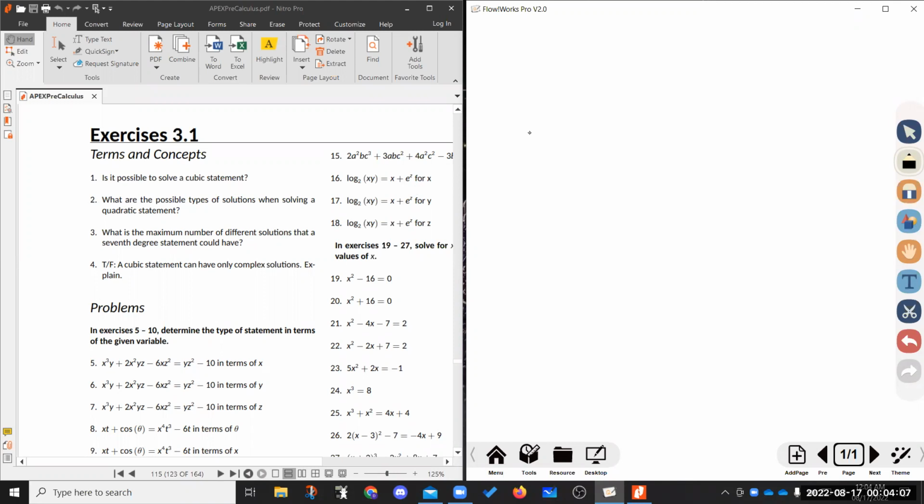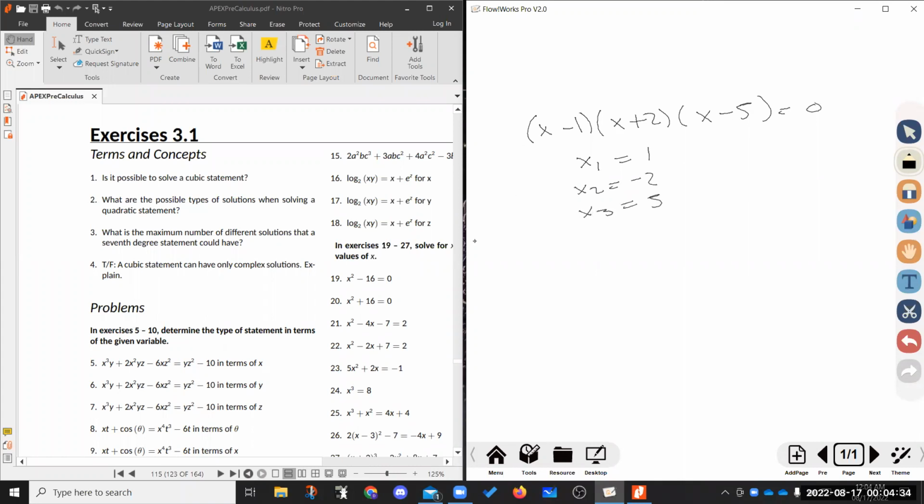True or false, a cubic statement can only have complex solutions. That's false. We could have something where we have 3 distinct linear factors like this, where x1 is equal to 1, x2 is equal to -2, and x3 is equal to 5.